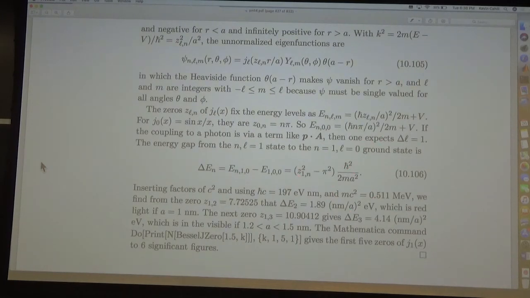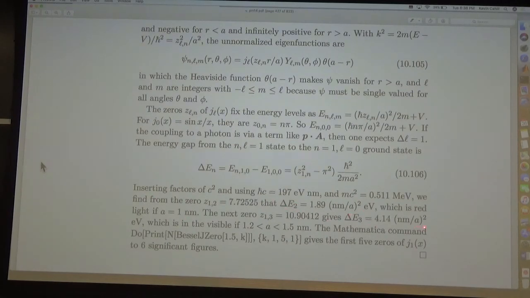It turns out h bar c is 197 eV nanometers, mc squared is half an MeV. The zero z12 is about 8, and so delta E2 is about 2 eV, and that's red light. So you expect red light from a quantum dot with radius 1 nanometer.